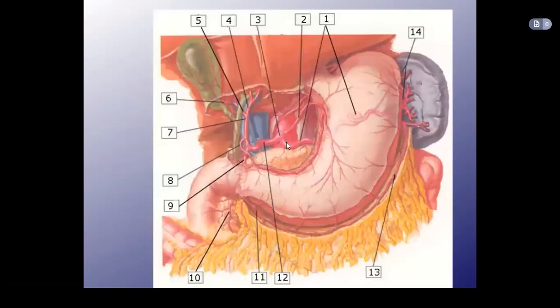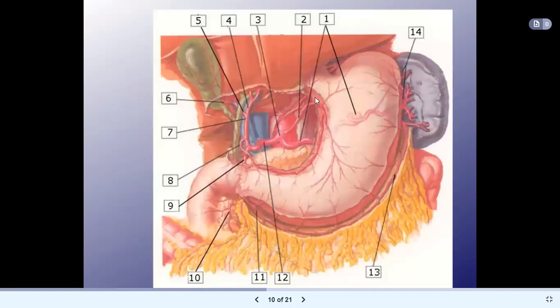Now, here you would see what we're talking about. This is the lesser curvature of the stomach. You will see the left gastric artery and the right gastric artery will anastomose to supply the lesser curvature of the stomach, and they are coming from the celiac trunk.